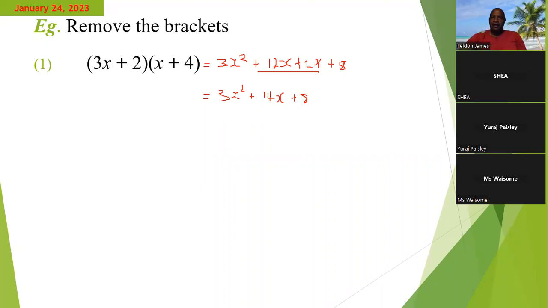So for the purpose of naming expressions, when you have two terms, it's binomial. Three terms, it's trinomial. But four or more terms, we refer to them as polynomials. Is that clear?